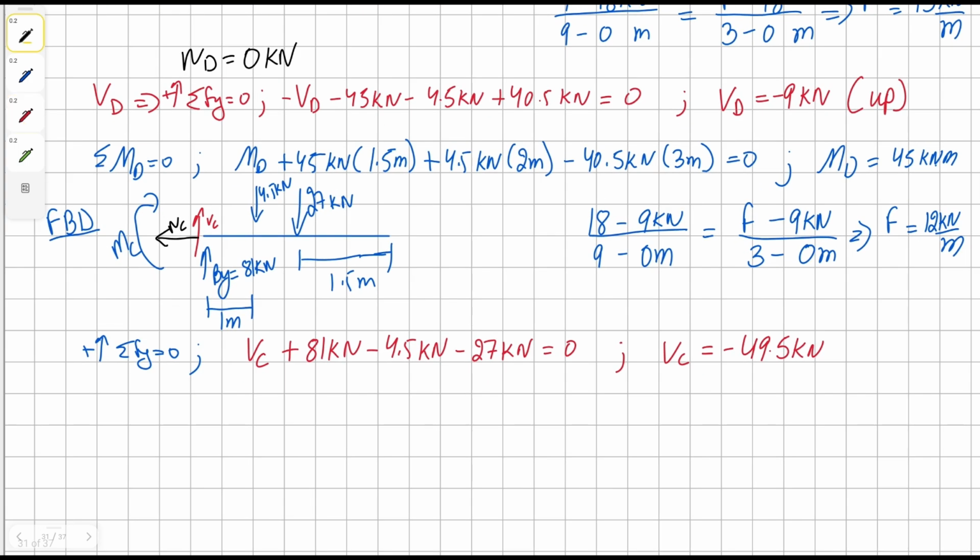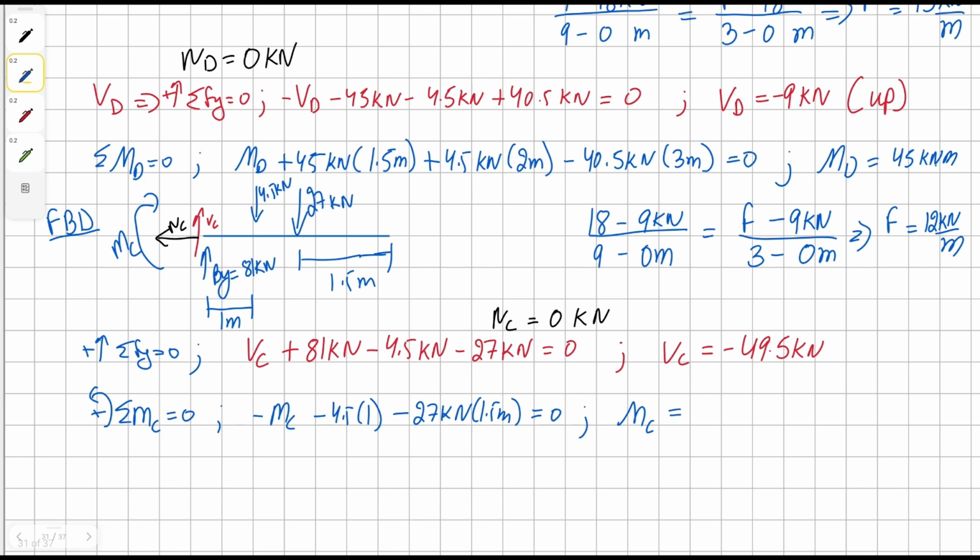Similar to the problem before it, we know there is no horizontal reaction force, therefore normal is 0. And to get our moment at C, we simply have to sum the moments. So we're going to have clockwise moment C, then clockwise 4.5 kilonewton times 1, and then clockwise 27 kilonewton times 1.5 meters, all equals to 0.